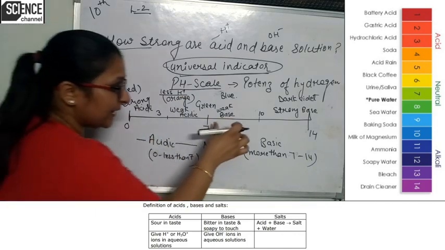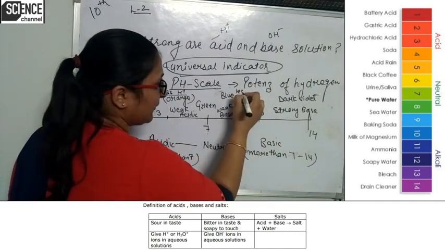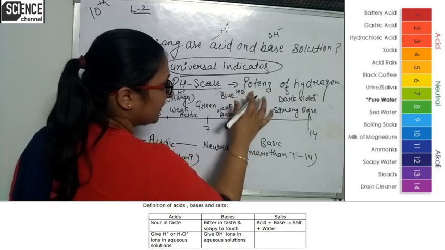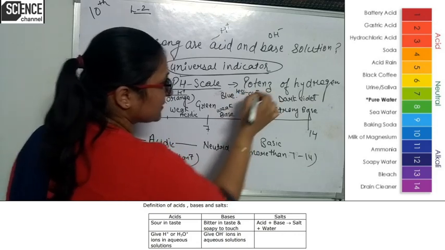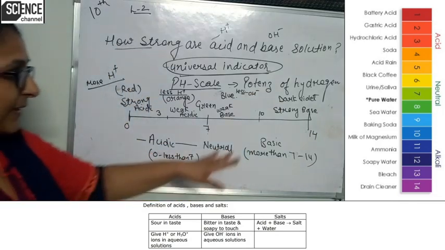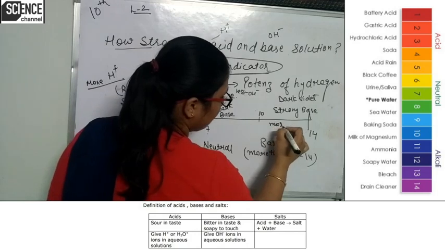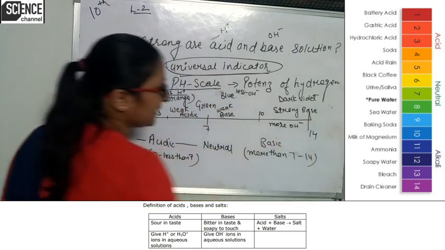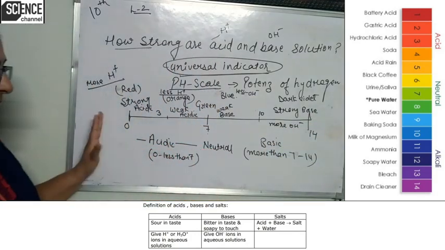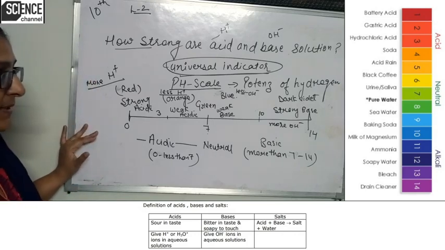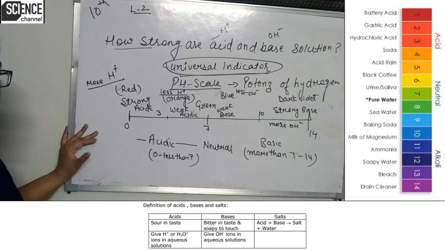If they have a weak base, then less amount of OH negative ion, because OH negative ion is common in them, but in that they have a less amount. But in a strong base, there is more amount of OH negative ion. Clear? This is about the universal indicator of the pH scale value.